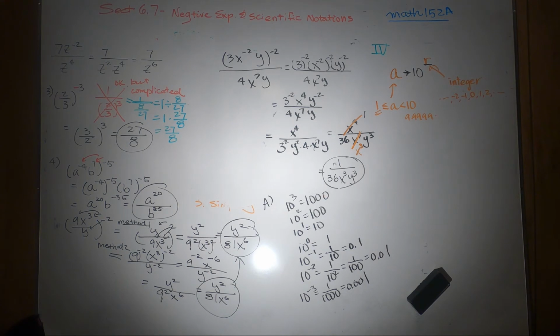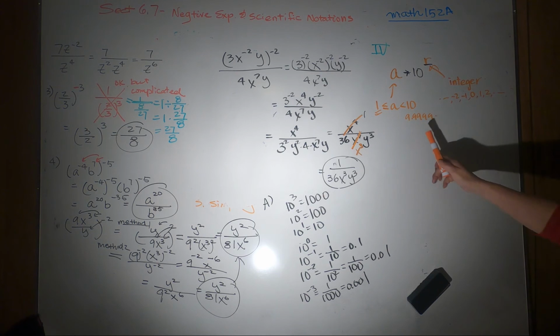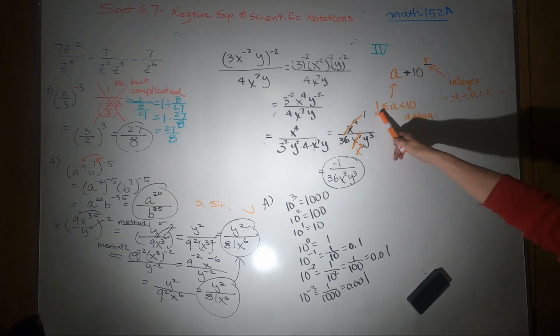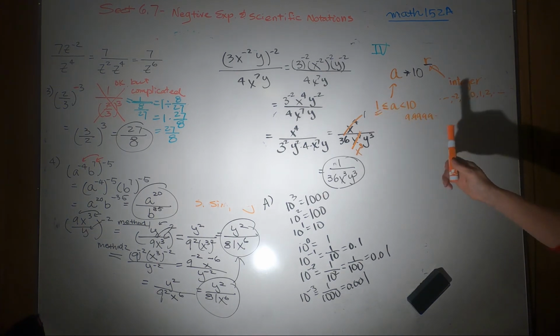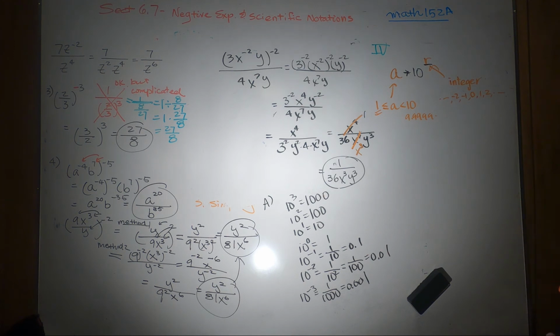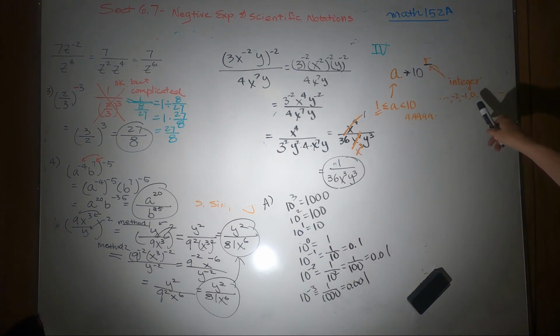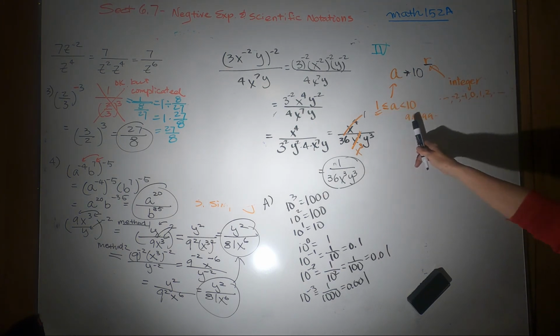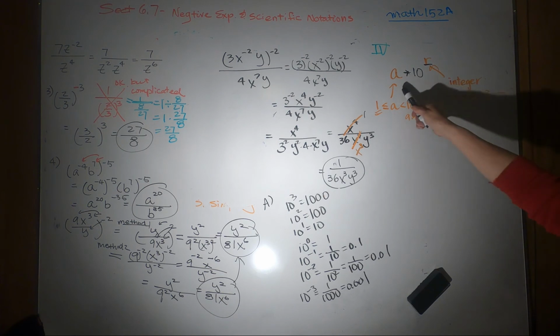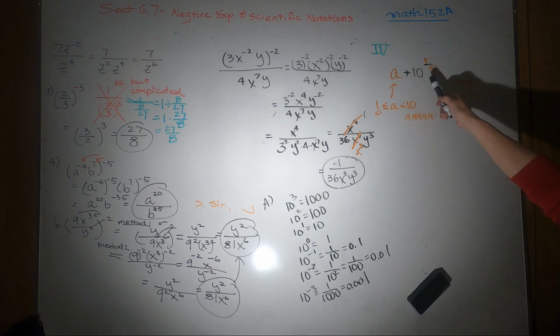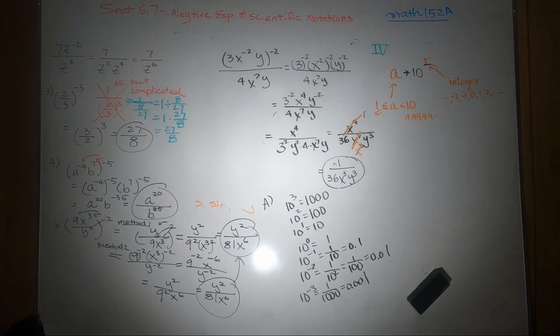Only one digit in front of the decimal point, starting from 1, not 0.something. You have to have something in front of the decimal point. Those we call scientific notation, from 1 to 9.999 something, multiplied by 10 to a power.